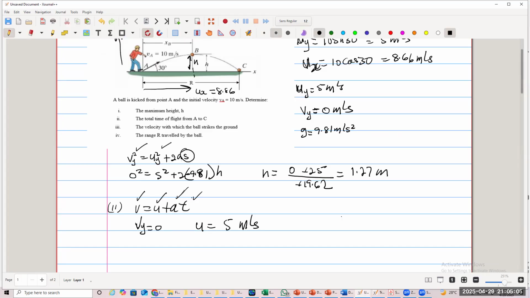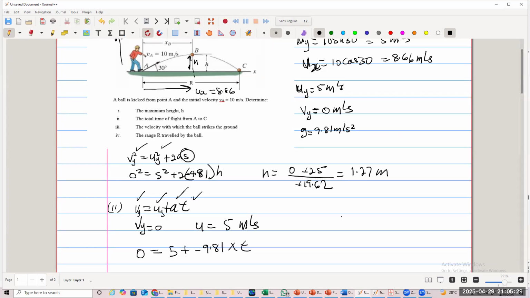Aisha, are you hearing me? Or are you going to sleep? Sir, not sleeping. So 0 is equal to, Vy is 0, and this is U. The final velocity is 0, the initial one is 5, plus this is minus 9.81 times t.